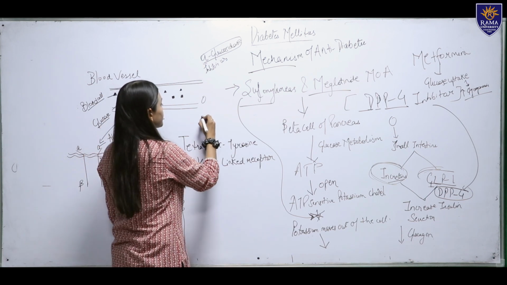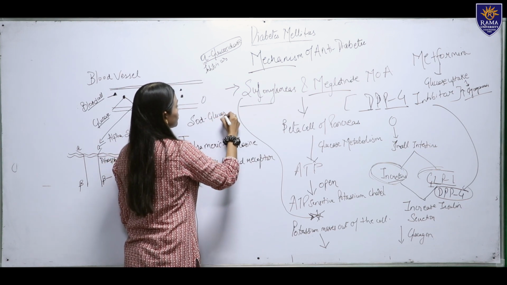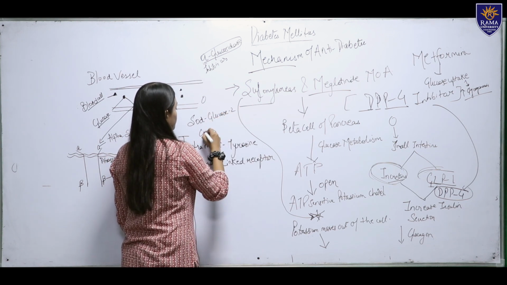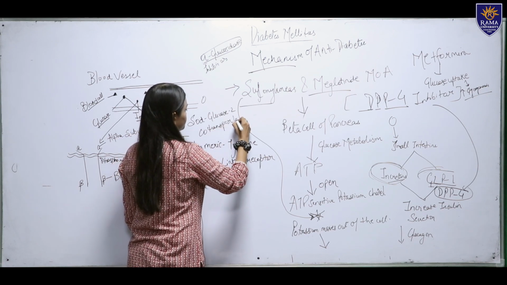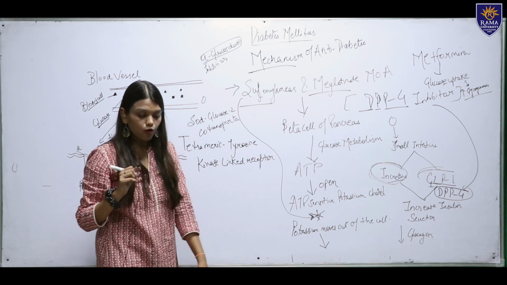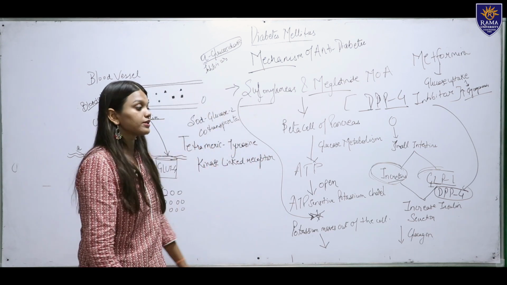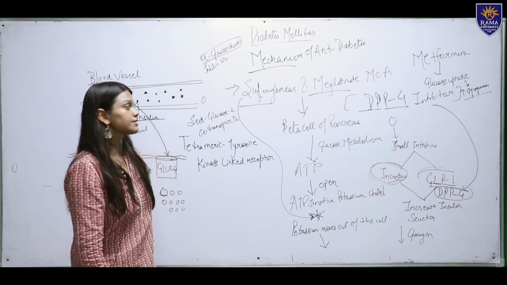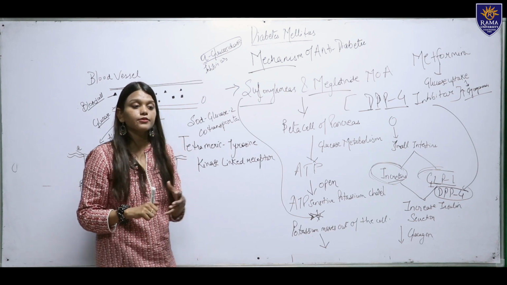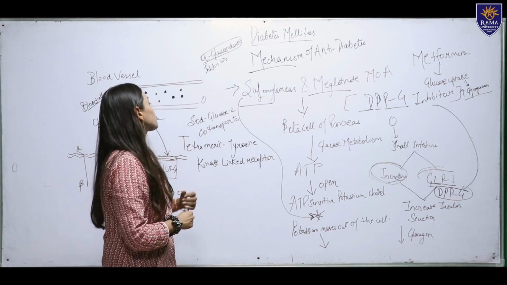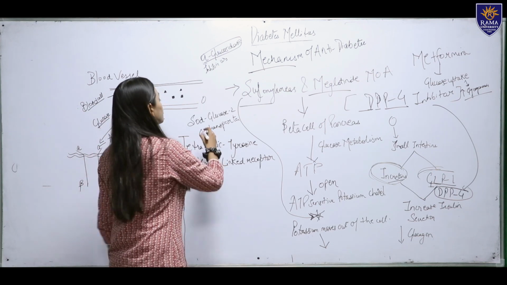And the last drug class is the sodium glucose co-transporter inhibitors. As we all know, the glucose is filtered in the glomerulus and reaches the PCT. So in the PCT, what happens? In the PCT, the glucose is reabsorbed with the help of which transporter? The sodium glucose co-transporter.